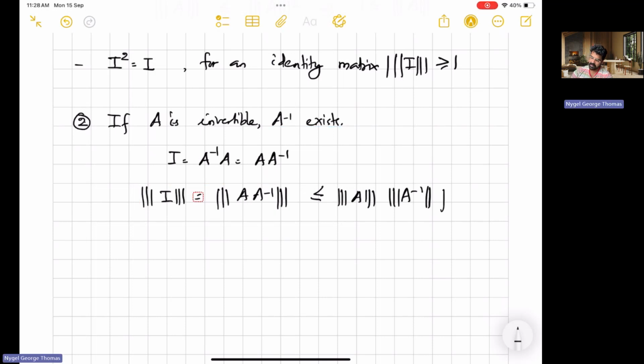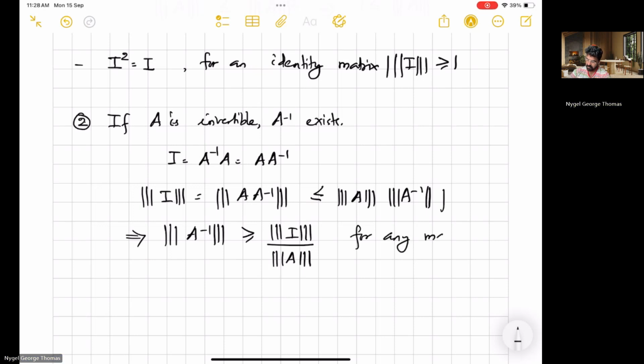From that, norm of A inverse is greater than or equal to norm of I divided by norm of A. For any matrix norm this is an inequality, not an equality.